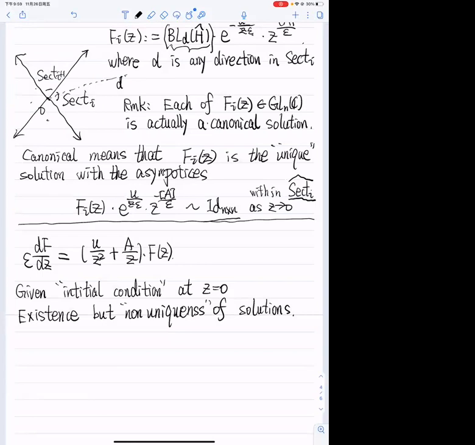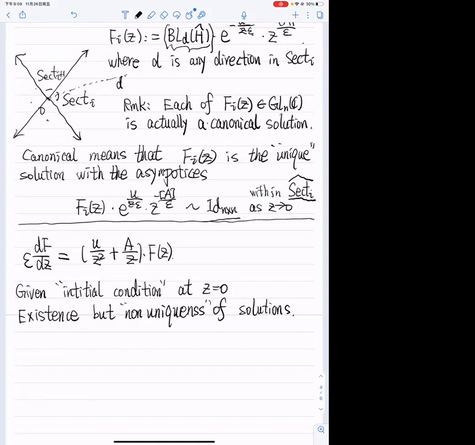Recall that in the very first two examples, the gamma and the exponential Chroma functions, I said that the Stokes phenomenon means that a function can have different asymptotics in different directions or in different sector regions. Equivalently, if I fix the asymptotics at the critical point, then I am going to have different holomorphic functions in different sectors.